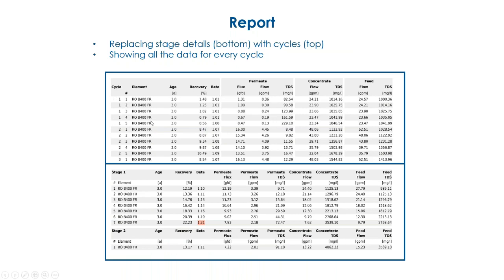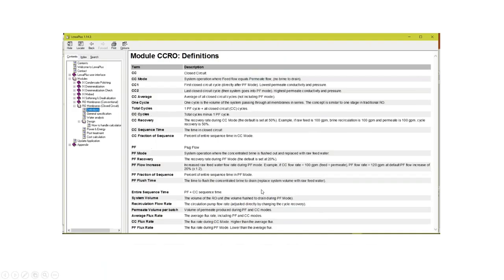And then for the element details, we show each cycle and then each membrane, similar to traditional, which is each stage and then each membrane in that stage. But the difference is, you know, we could have 50 cycles, which becomes a long report, but I like having that information. And as far as what we're showing, it's the same as traditional.